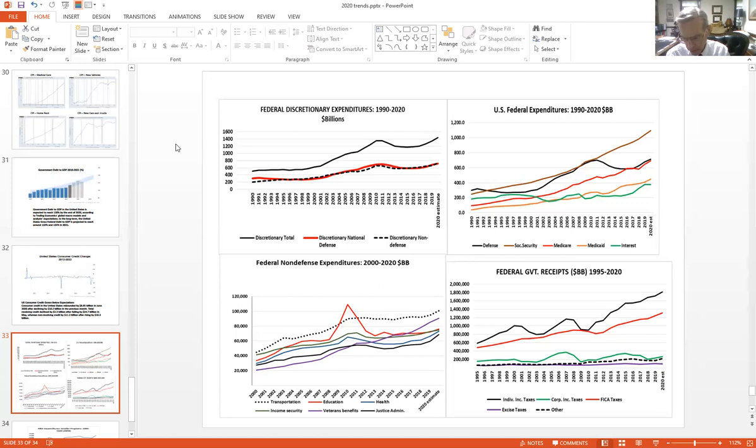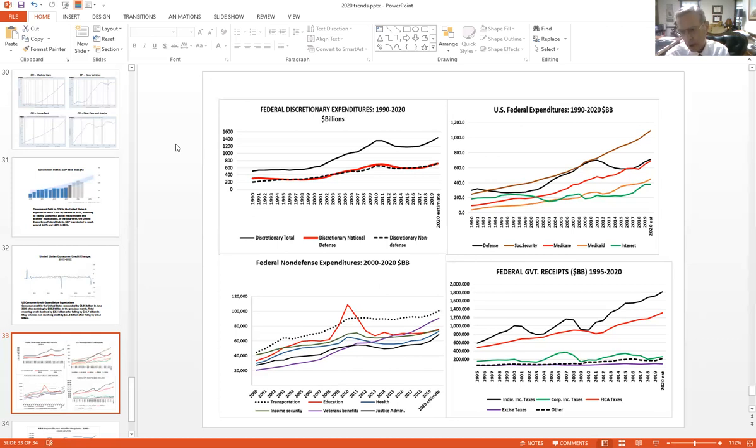And finally, over on the right side, we can see the trends in government receipts. The black line is what the government gets from you and me, individual income taxes. The red line is from our Social Security deductions.